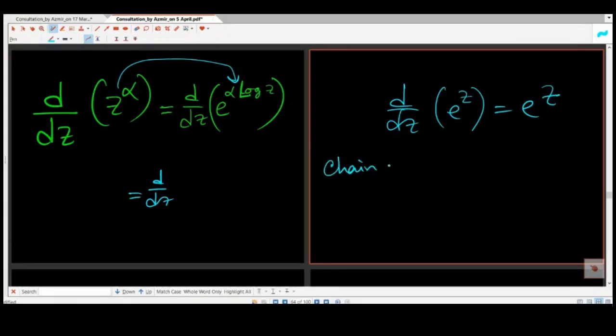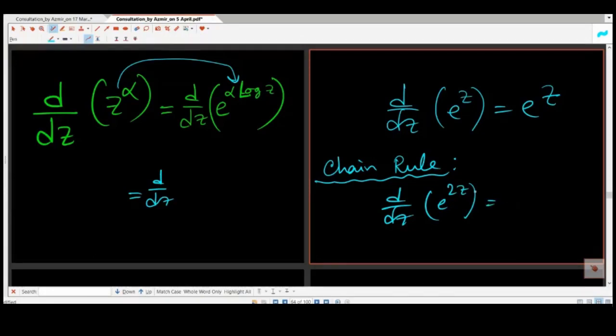But we can remember the chain rule from our differential calculus. So instead of z, if we have e to the 2z, what can we write? At first, we can think that we have only z. That means we can consider 2z as z. So the formula is the same. Differentiation of e to the power z is e to the z. Similarly, it will be e to the 2z.